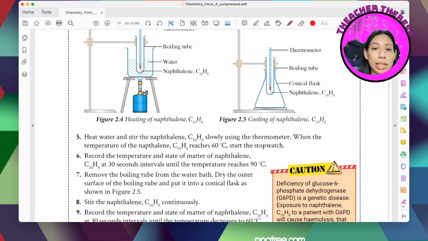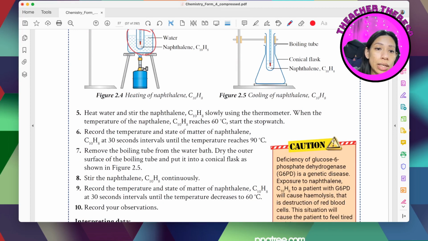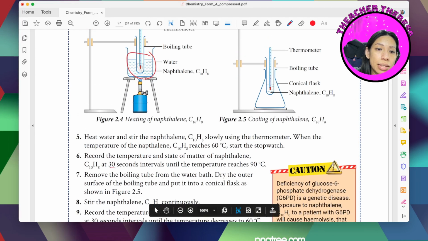If we directly heat the naphthalene, number one, it evaporates quickly, and number two, the heating won't be distributed evenly. We need the heat to distribute evenly in order for us to collect the data, because we are supposed to read the thermometer reading every 30 seconds.